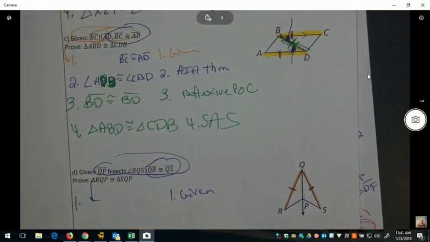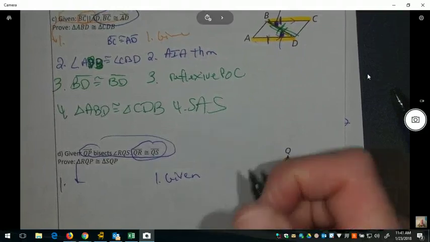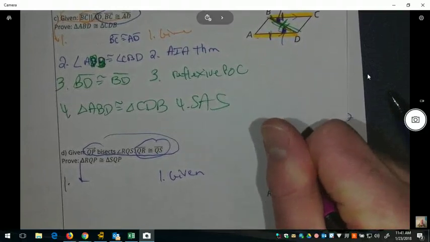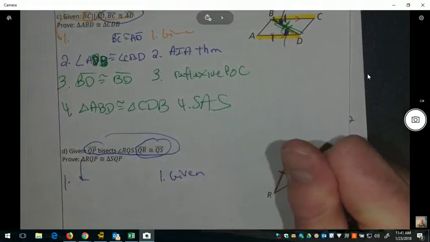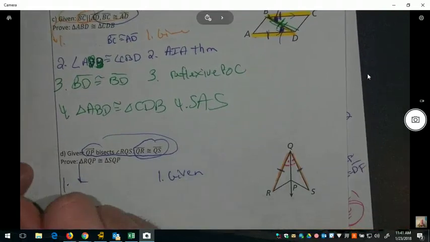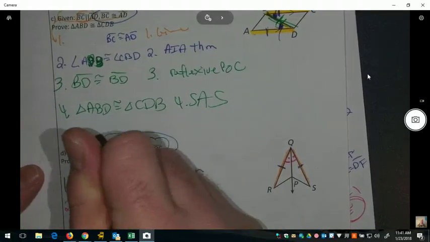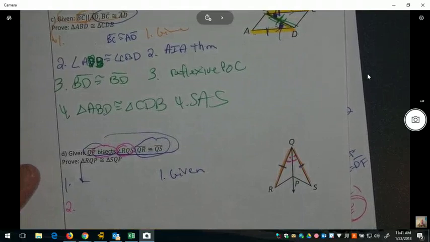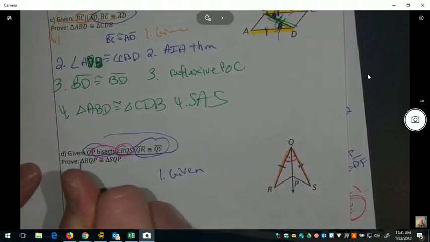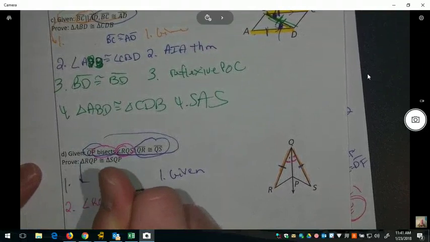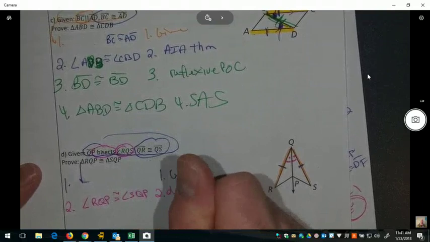What happens when an angle is bisected? Two equal angles. And so those angles are RQP, this angle, and SQP, this angle right here. So based on the word bisects, and the fact that it was this angle that was bisected, not a segment this time, but an angle, angle RQP is congruent to angle SQP by definition of angle bisector.